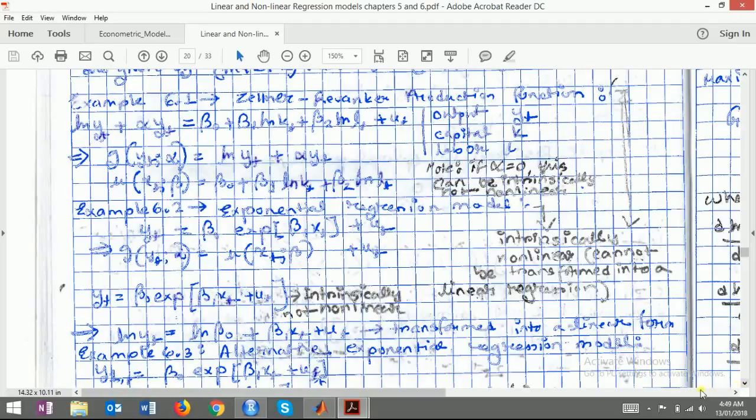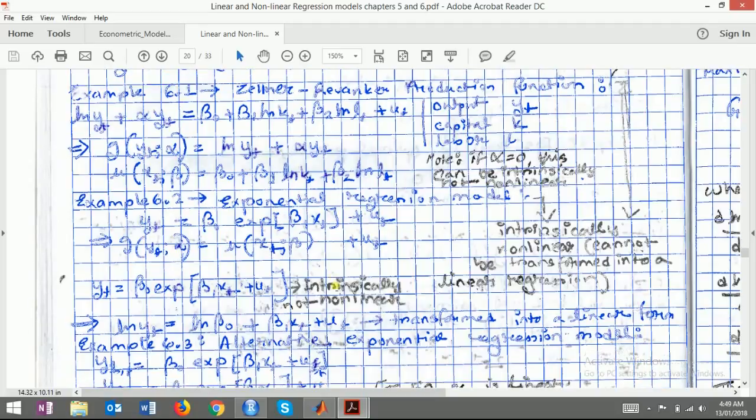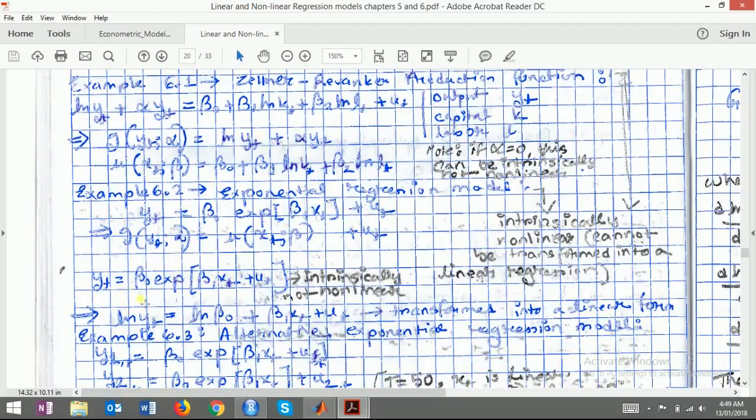In the exponential regression equation, ut is outside of the exponential term. But if yt equals beta naught exponential of beta 1 xt plus ut, with ut inside the exponential, that becomes intrinsically nonlinear, which cannot be transformed into a linear form.